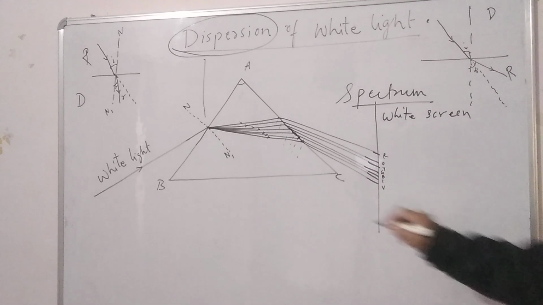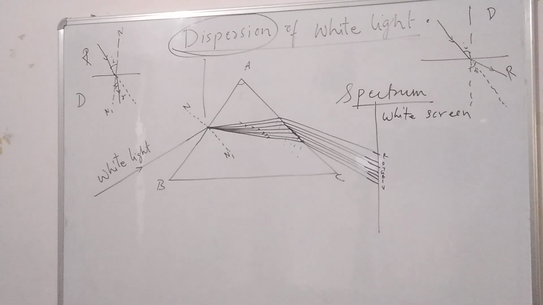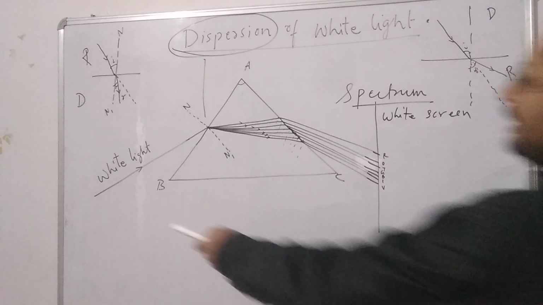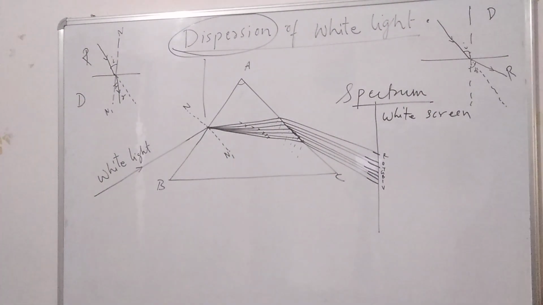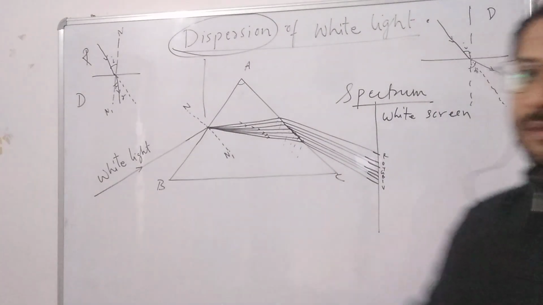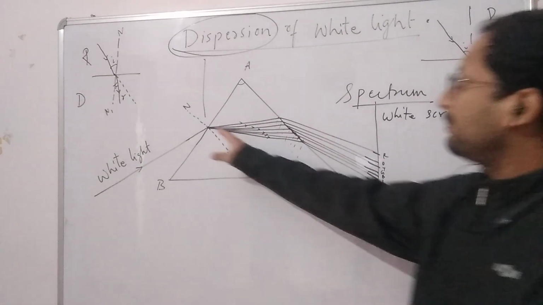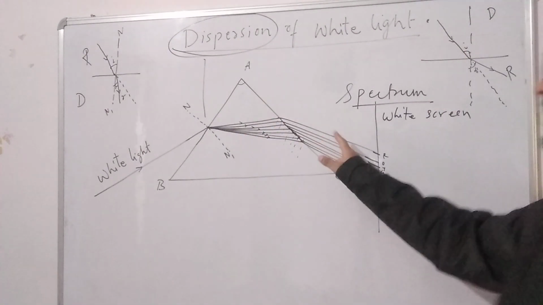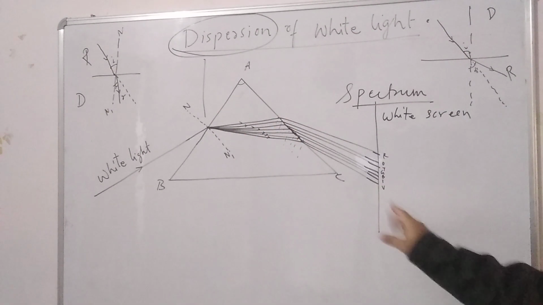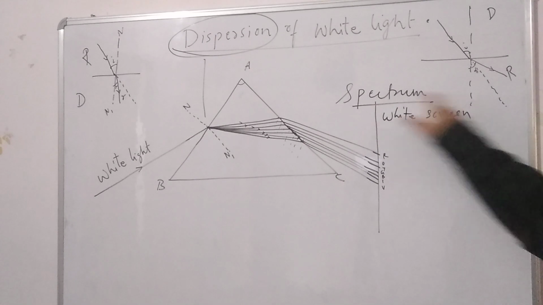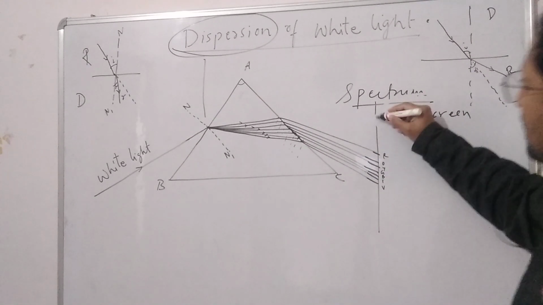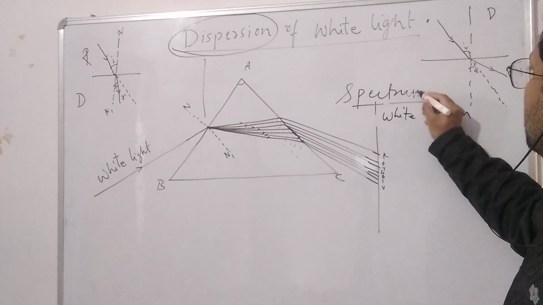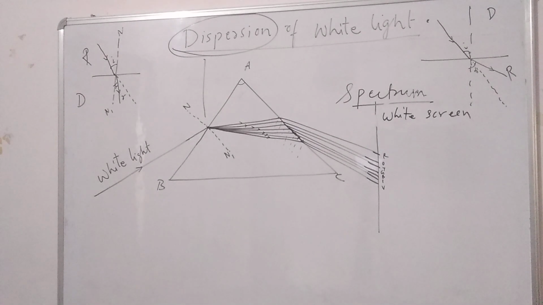So this is how the dispersion of white light takes place. When a ray of white light passes through one of the refracting surfaces of the prism, it is split into 7 prominent colors, and then comes out as an emergent ray. When we project it on the white screen, then these 7 colors are known as the spectrum. Understood, all of you?